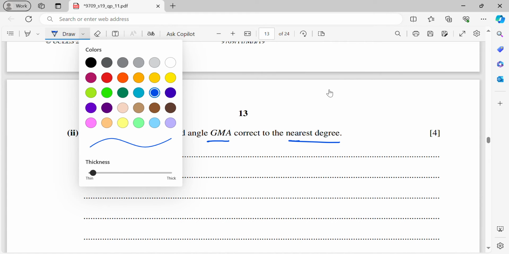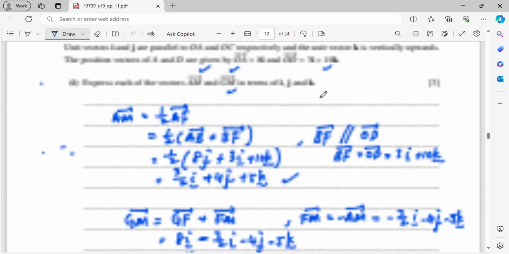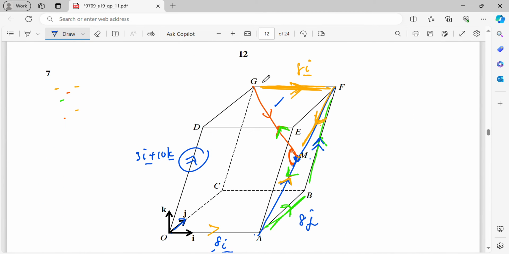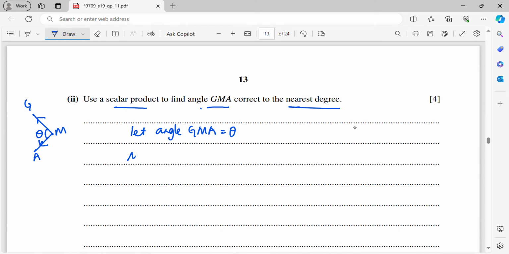Alright, so now I will define first. Let angle GMA equal theta. So if I draw again, this is your GMA, this is your theta. I need MG and MA. So now here I will just write MG dot MA, referring to the scalar product formula.